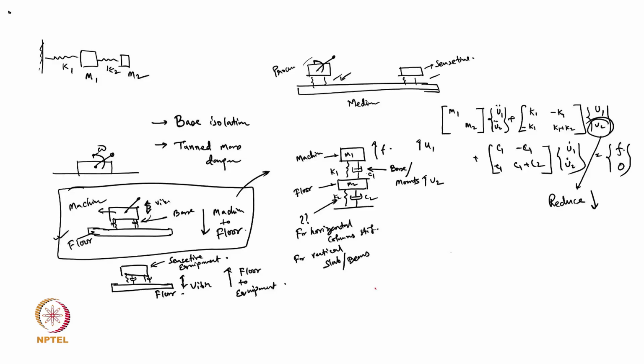So once you are going to design any sort of isolated system, you have to have a very clear understanding of what you are going to isolate actually. But ultimately your target is to reduce the U2.